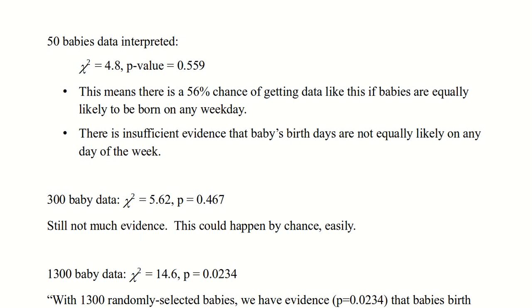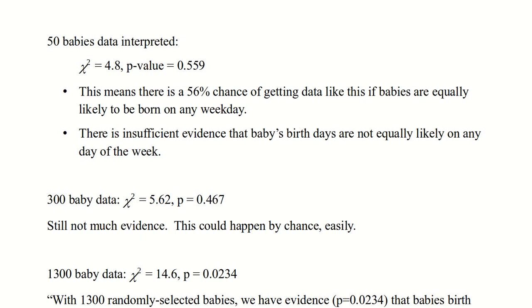Now, that p-value means that there's about a 56% chance of getting data just like we did for those 50 babies, that actually correspond to the birthdays being equally likely from each of the weekdays. So in this first case with 50 babies, we'd say that there is insufficient evidence that the babies' birthdays are not equally likely on any day of the week.